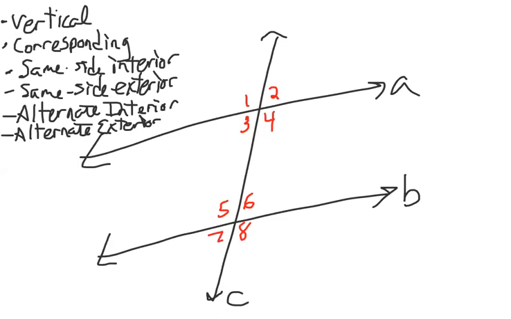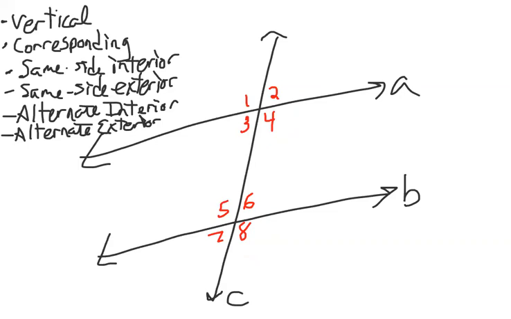So for example, angles 1 and 5. They are both in the top left of their little groups. Those are corresponding. Here's another pair. You could have done 4 and 8. They're both in the bottom right of their little groups. Same seat, different tables. Okay, so that's corresponding.